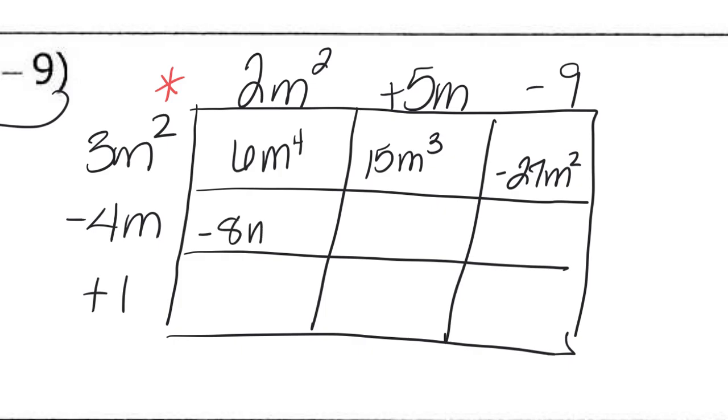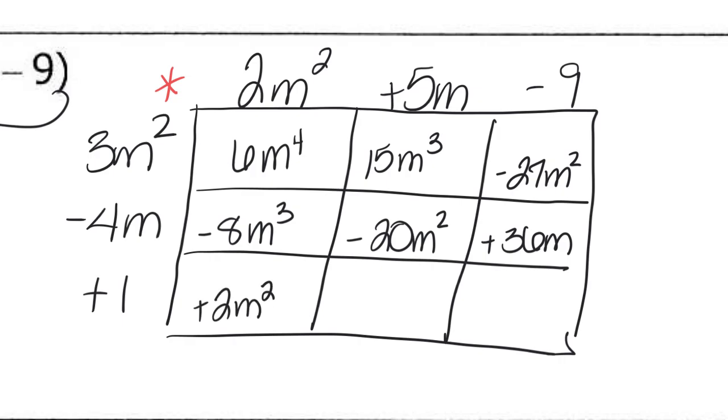Negative 8 m cubed, negative 20 m squared, positive 36m, positive 2m squared, positive 5m, and negative 9.